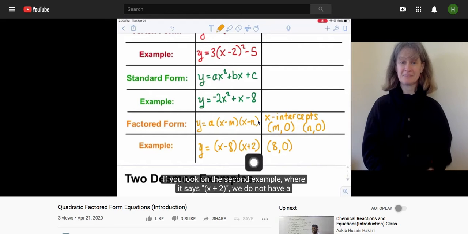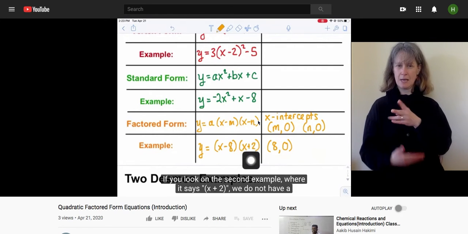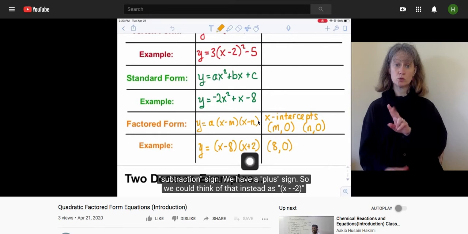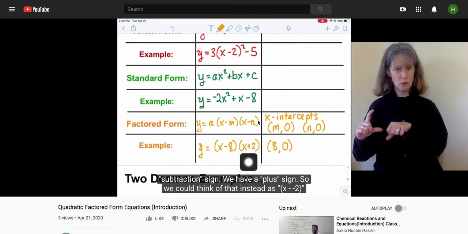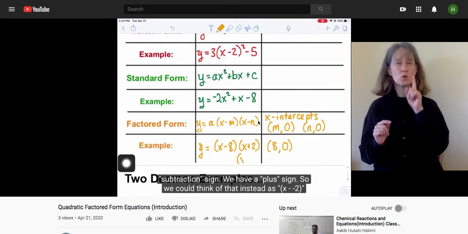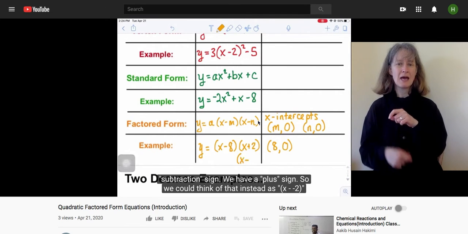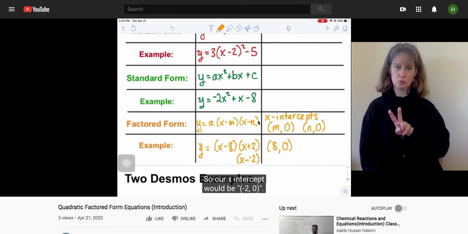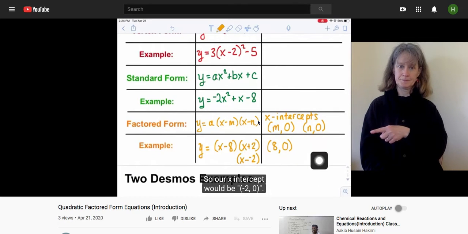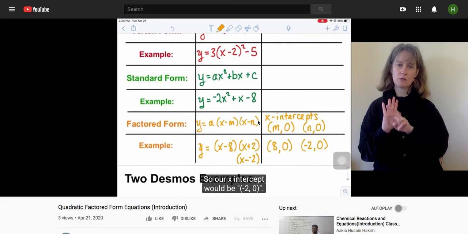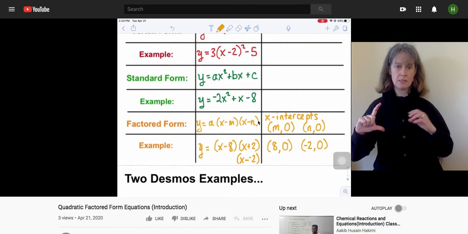If you look at the second example where it says x plus 2, we do not have a subtraction sign, we have a plus sign. So we could think of that instead as x minus negative 2. So our x-intercept would be negative 2, 0.